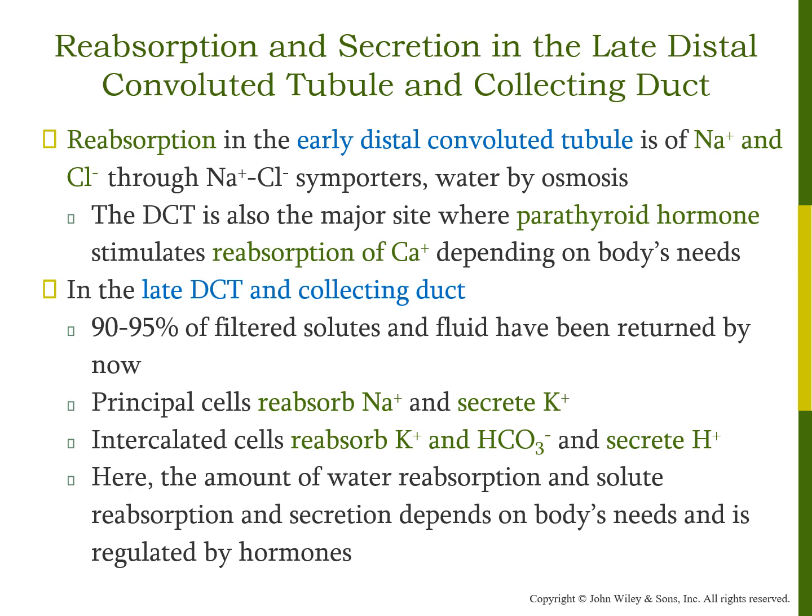The intercalated cells reabsorb potassium or bicarbonate in exchange for the secretion of hydrogen. Together, these help to regulate blood pH. So here in the late DCT and collecting ducts, the amount of water reabsorption and solute reabsorption, and in the case of potassium secretion, depends on the body's needs and is regulated by hormones.